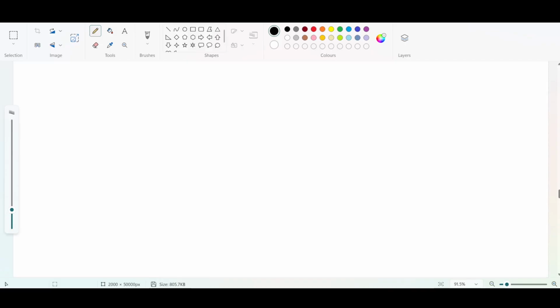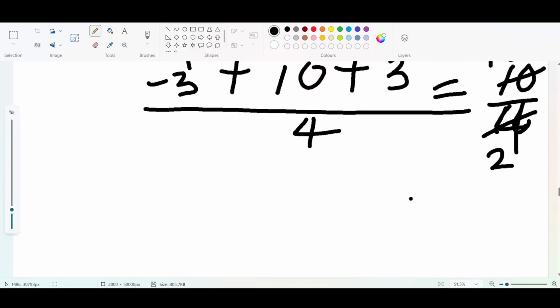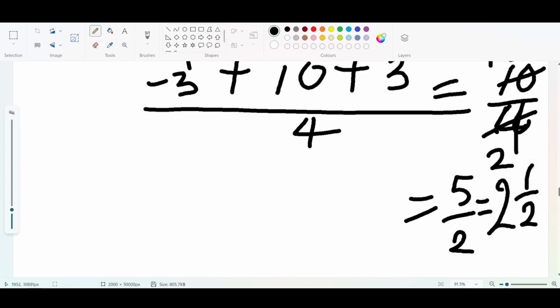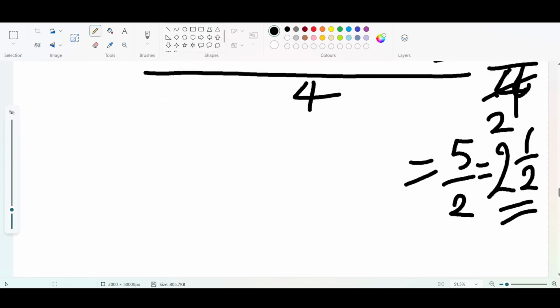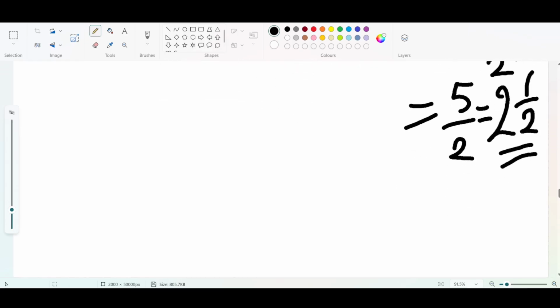The final answer here is going to be 5 all over 2. We can also convert the improper fraction to a mixed fraction: 2 in 5 is 2, remainder 1 all over 2. So this is the final answer.